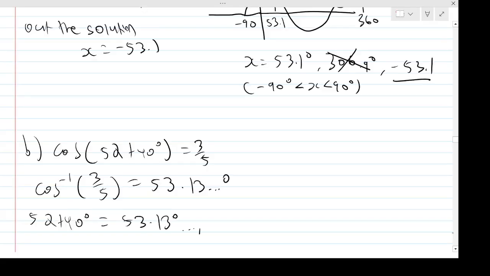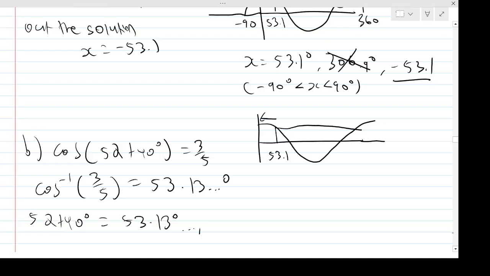So then to get the next solution, again, we can consider the cos graph. So 53 would be about there, right? 53.1. So then the other solution, again, the same ideas that we just looked at. The gap at one end of the curve and the solution here, that gap is 53.1. That's the same gap between the next solution and the other end of the curve at 360.